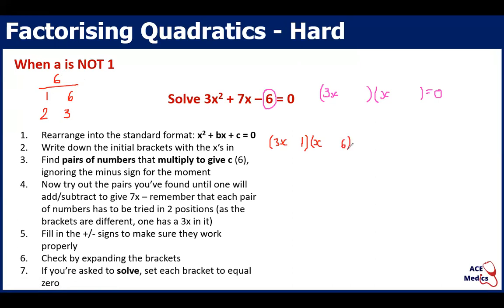We're going to pretend we don't know what the positive and negative symbols are yet, so adding and subtracting. So if we were to multiply out the outies and the innies, we would get 18x and 1x.